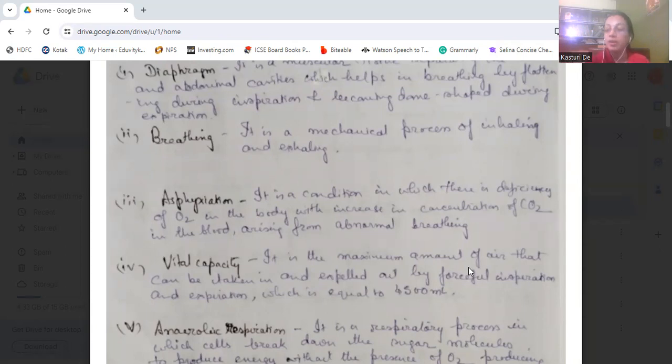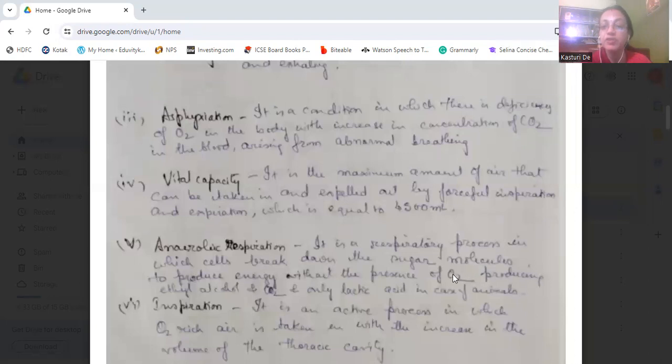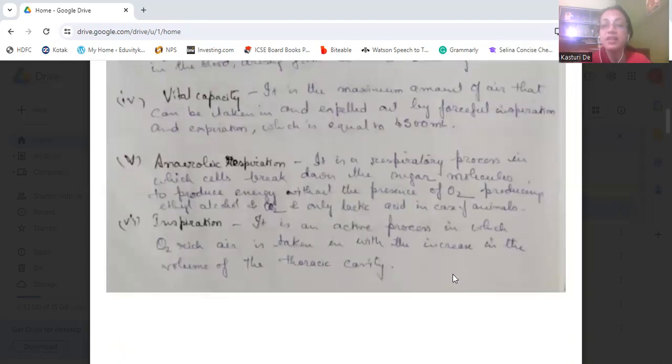Okay. Then comes anaerobic respiration. What is that? It is a respiratory process in which cells break down the sugar molecules, that is glucose molecules, to produce energy, but in the absence of oxygen, which produces what?